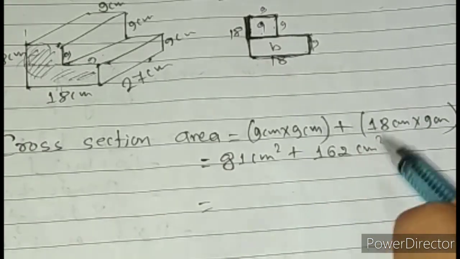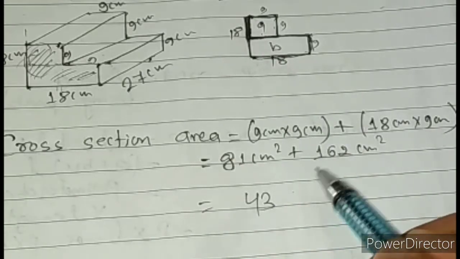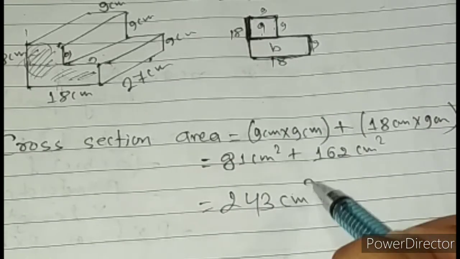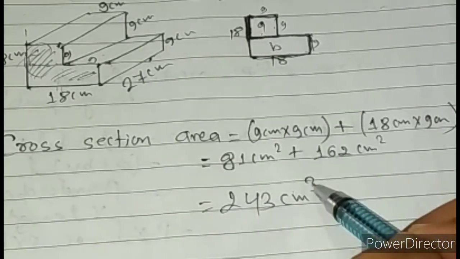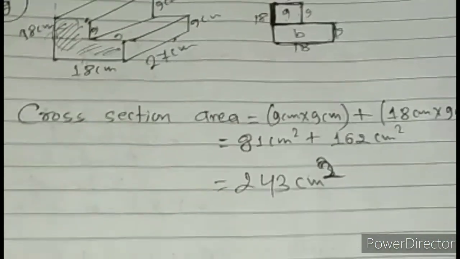Now add these two, 81 plus 162 is 243... 2, 4, 3 centimeter square. Okay, this is the area of cross section.